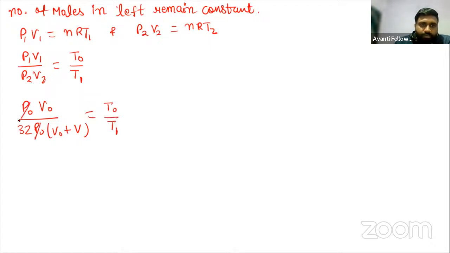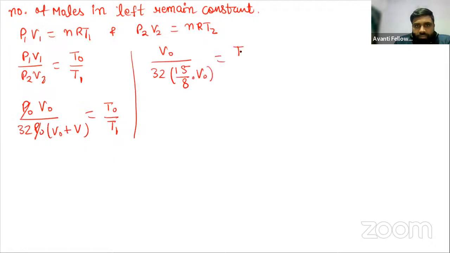Now this P naught and P naught you can cancel out. So here you will have V naught by 32 and it will become 7 by 8 V naught. So totally it will become 15 by 8 times V naught, T naught by T1. V naught and V naught cancel out. 8 for the 32, 15 into 4 will become 60.